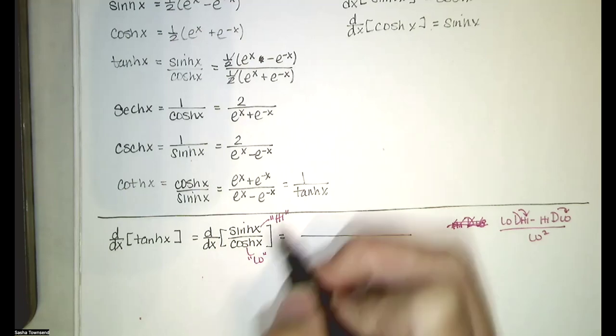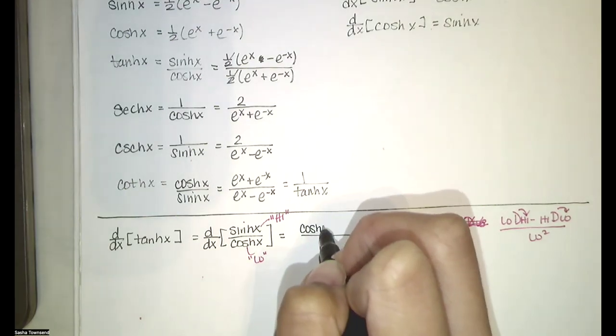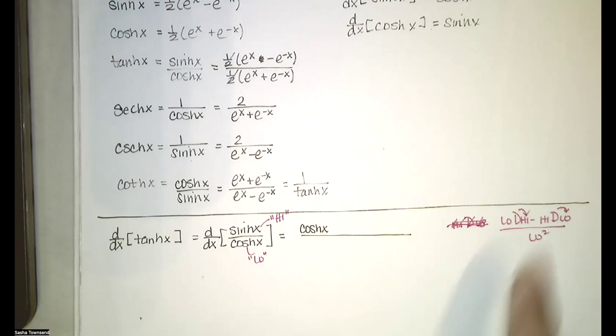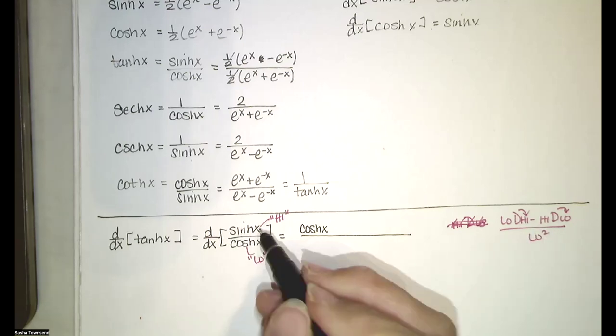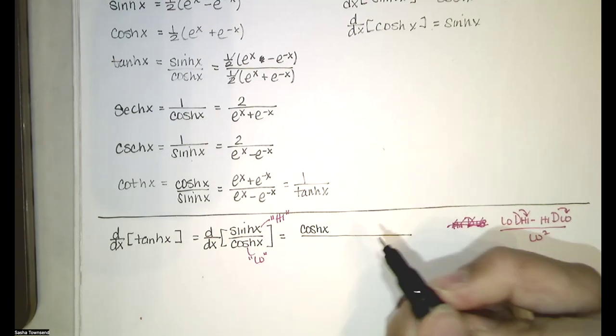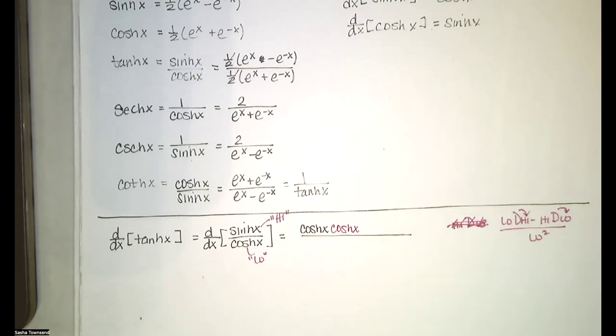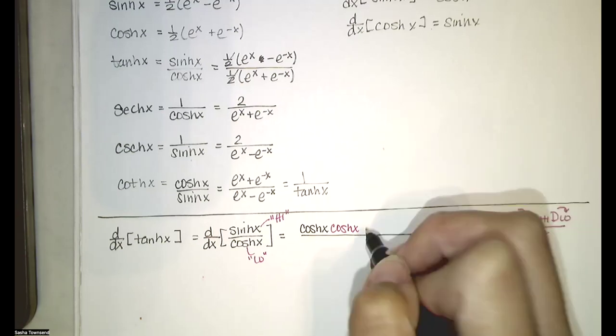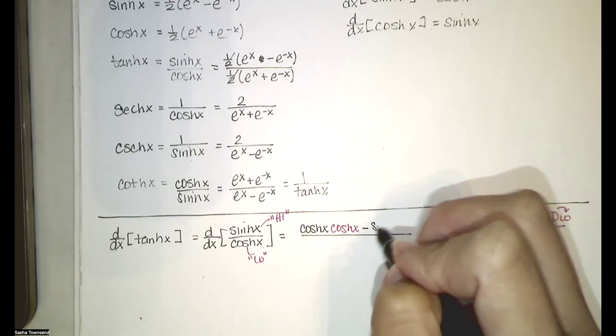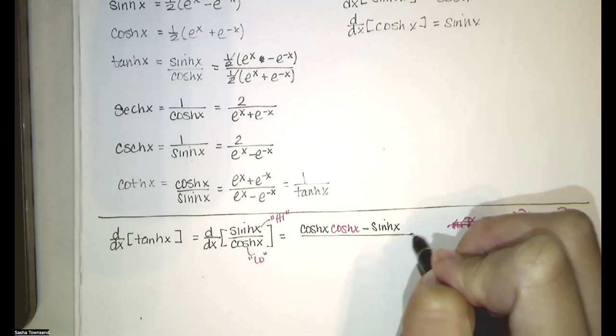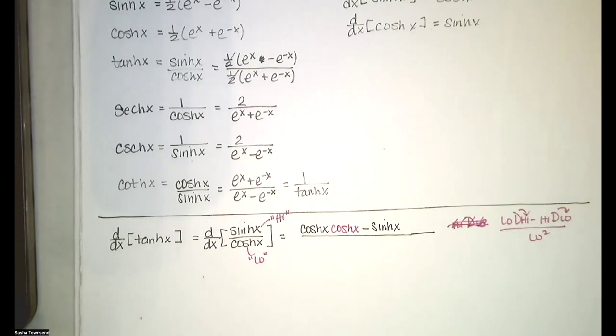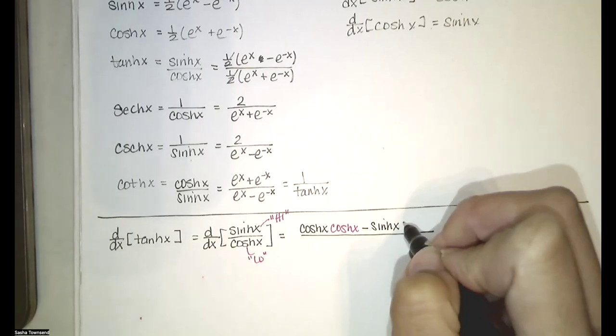So we've got the low function, or hyperbolic cosine of x, times d high. So the derivative of hyperbolic sine is hyperbolic cosine. So I'm going to have two of those, hyperbolic cosine times hyperbolic cosine squared, minus high. And then d low, the derivative of hyperbolic cosine is hyperbolic sine.